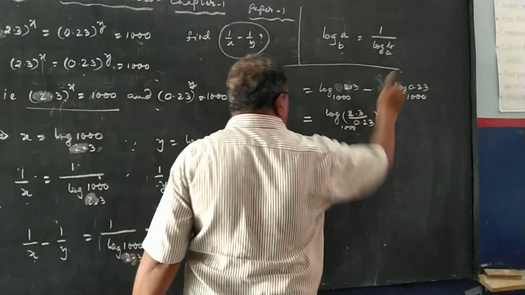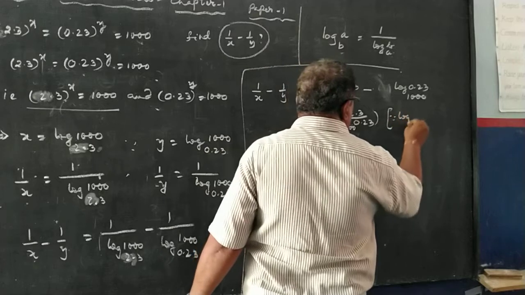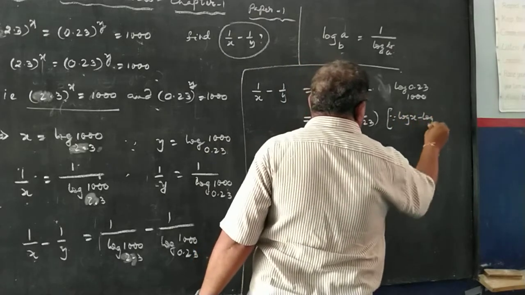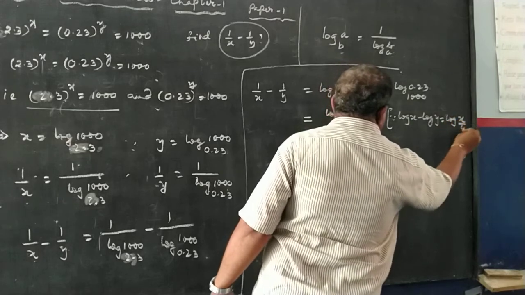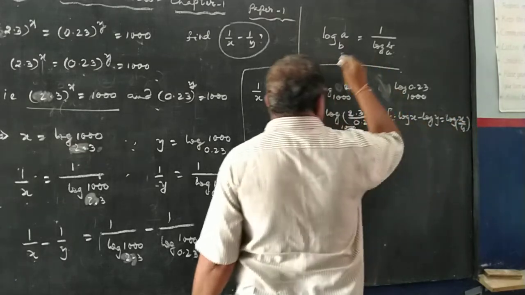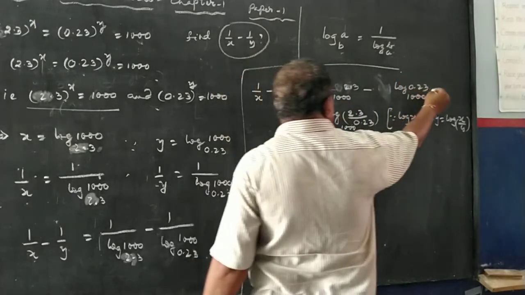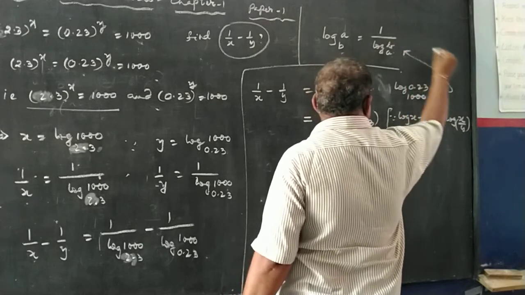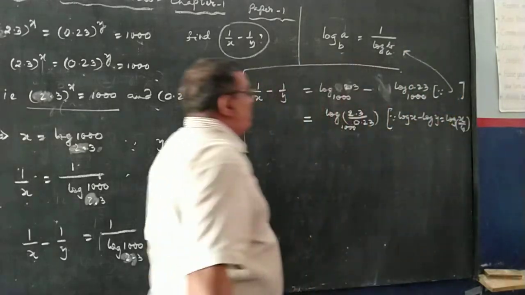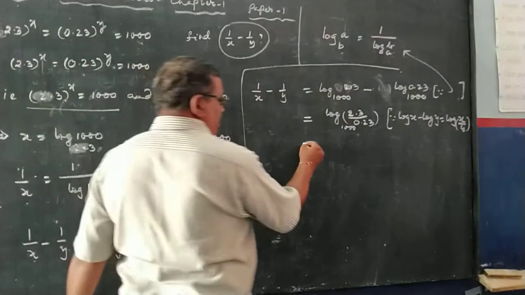Since from the supporting formula, log x minus log y equals log x by y, here we applied this formula. Since from the above formula, log a base b can be written as 1 by log b base a.